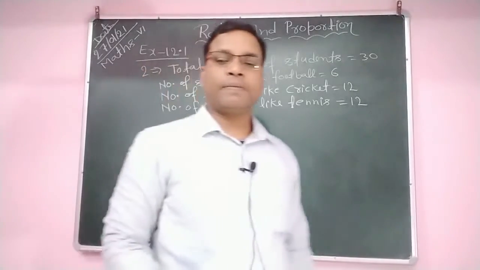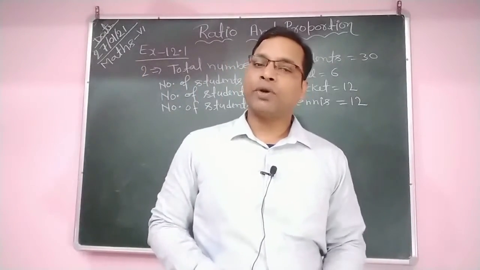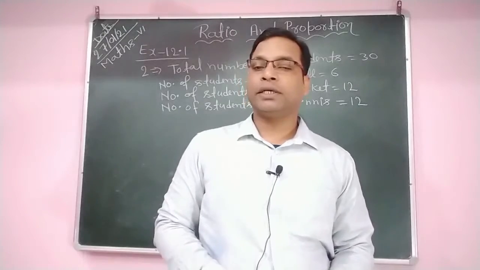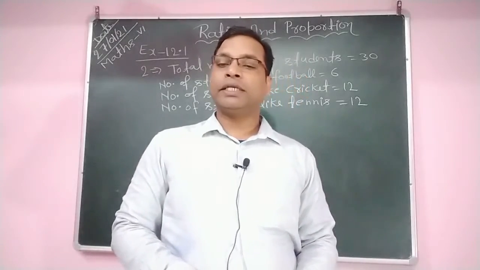So what do we have to find here? We need to find the ratio of the number of students who like football to the number of students who like tennis.